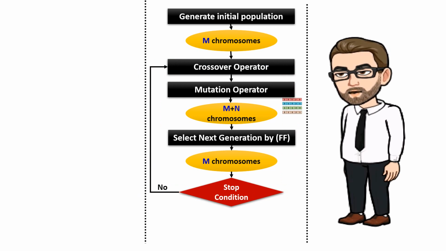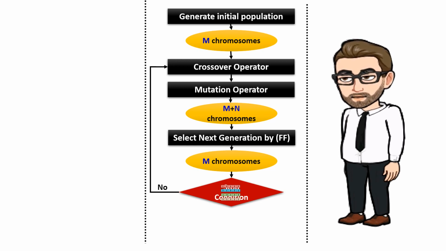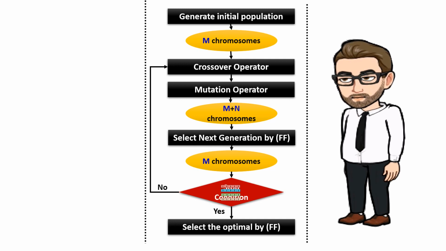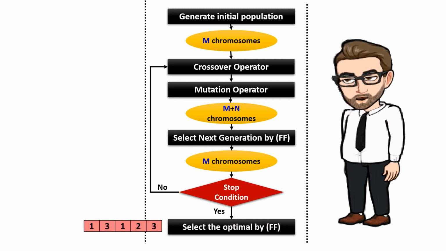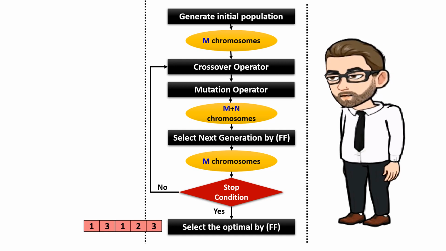As each generation progresses, better and better solutions with higher fitness values are expected to be produced. If the stopping condition is met, then the approximated optimal solution will be selected. This is an abstract overview, and now we are ready to discuss the details of each black box.